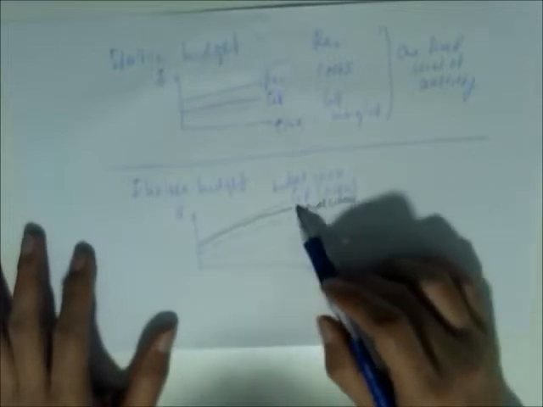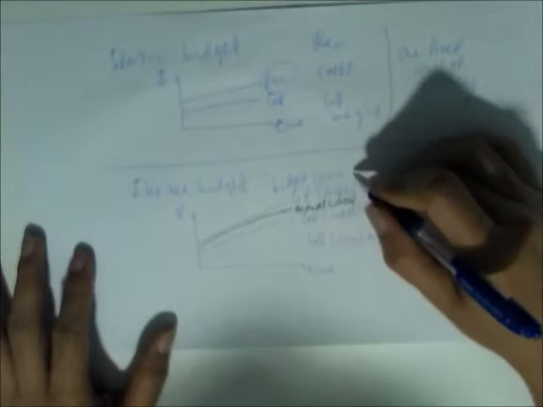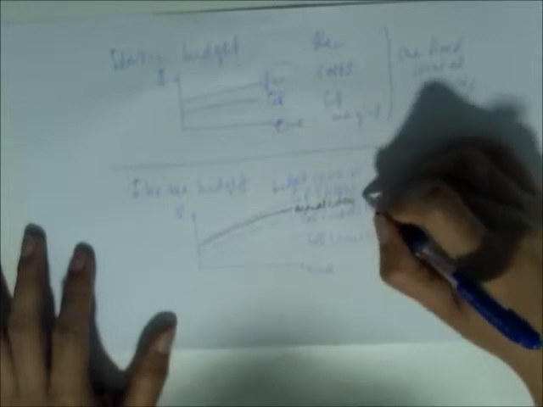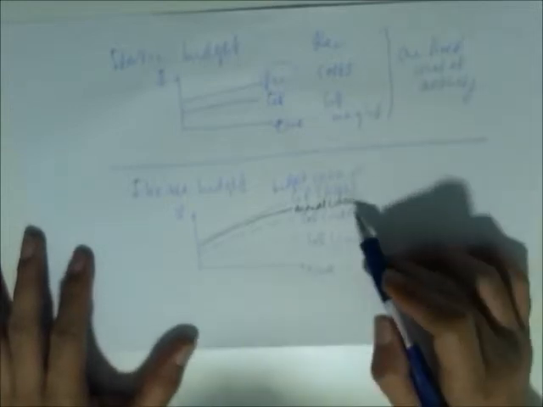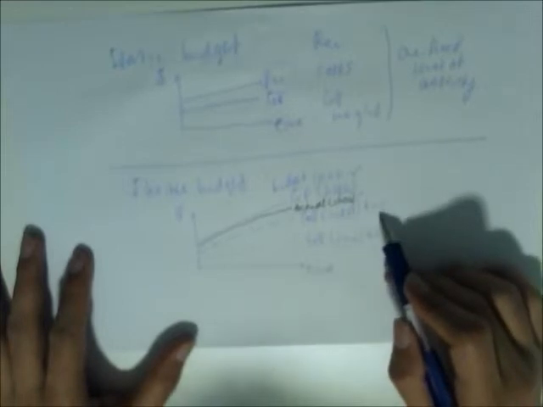Then what do you do? How do you assess whether this 1000 of actual margin is good or bad? Simple. You compare only budget of 1000 versus actual of 1000, rather than comparing actual of 1000 versus budget of 800, which is not fair.